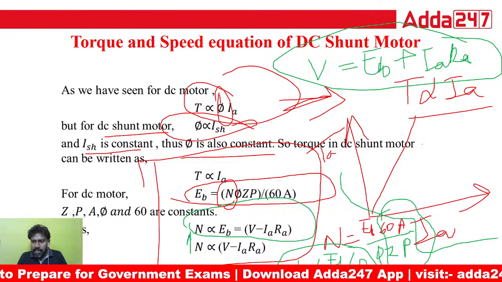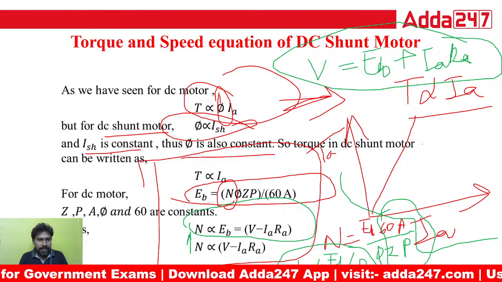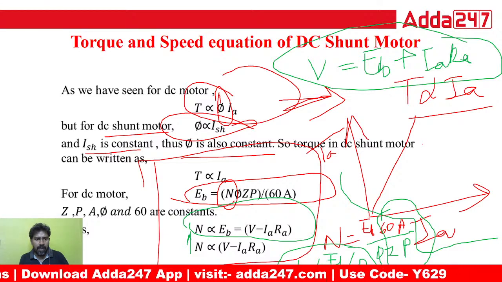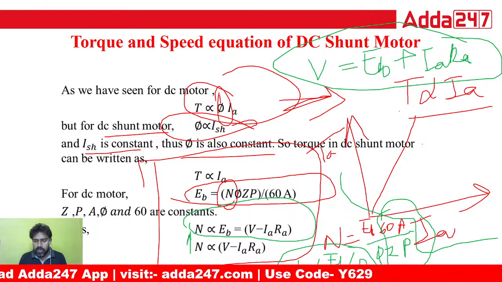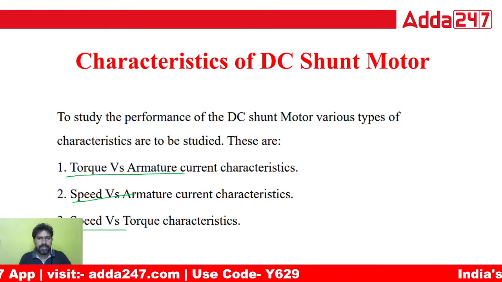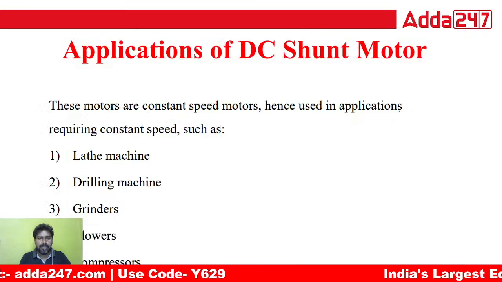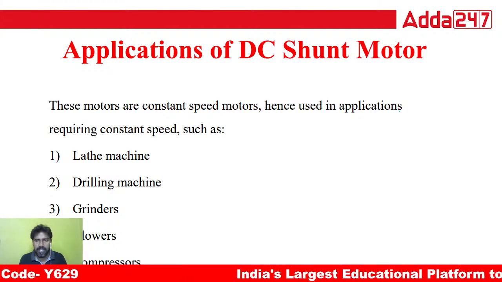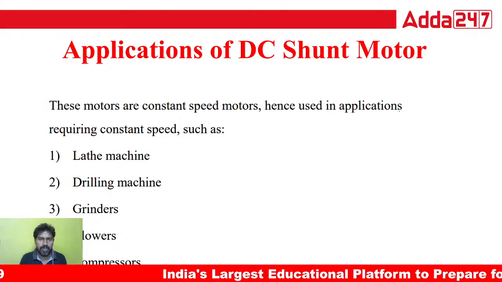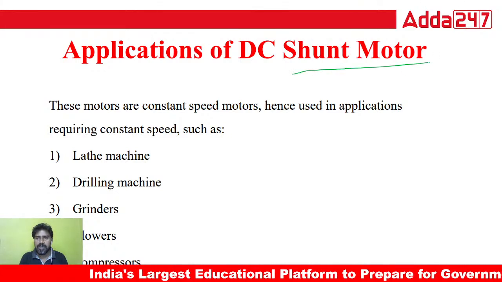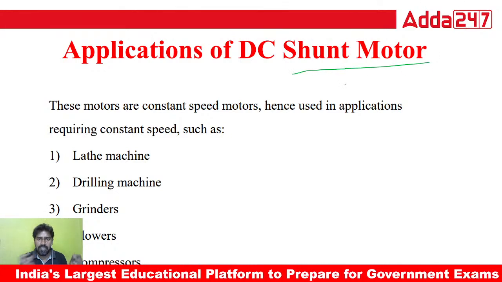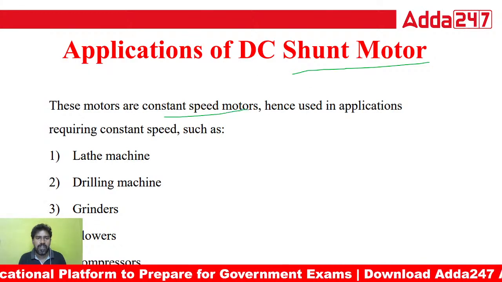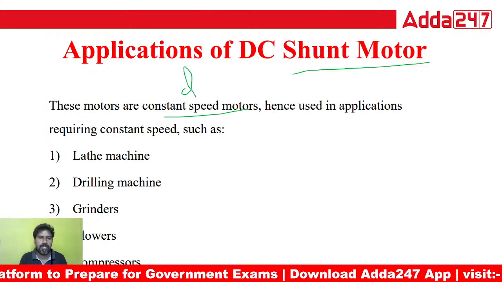Next, coming to the applications, we can see here the general applications of a DC shunt motor. Current is constant and flux is constant. That is why the DC shunt motor is a constant speed and constant flux motor.